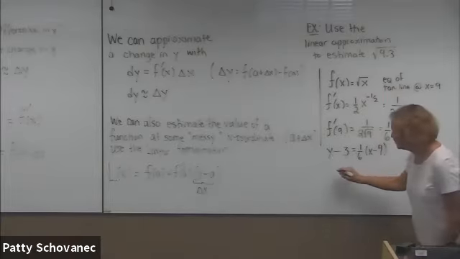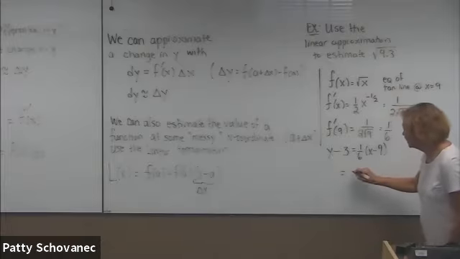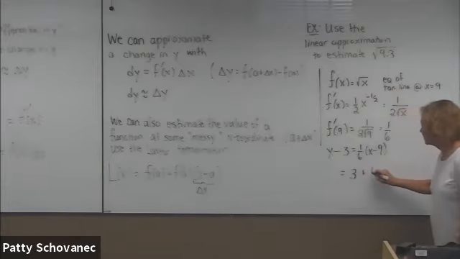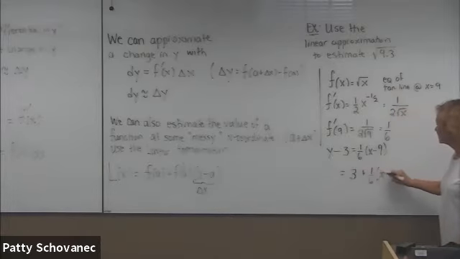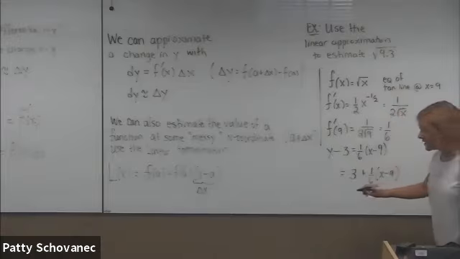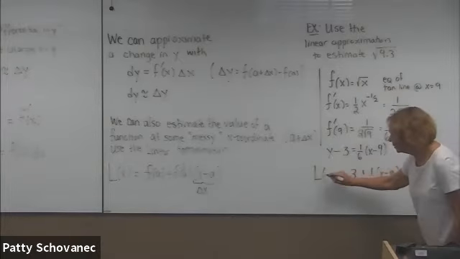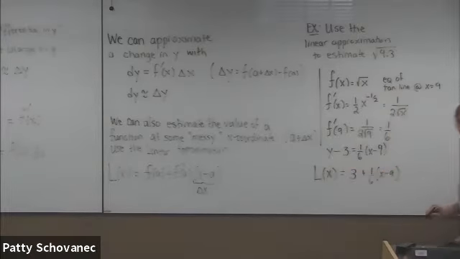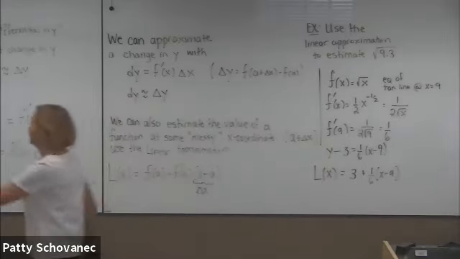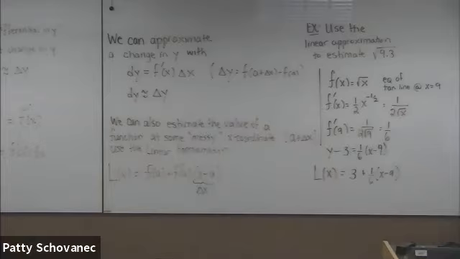And so this thing, when I solve it for y, add the 3 here, is the equation of our tangent line. That's the thing we're calling the linear approximation at any x. So there's the f of a. A was the 9, plus f prime of a times x minus a. So now we're going to put the messy x in there. We're going to put the 9.3 in for x.